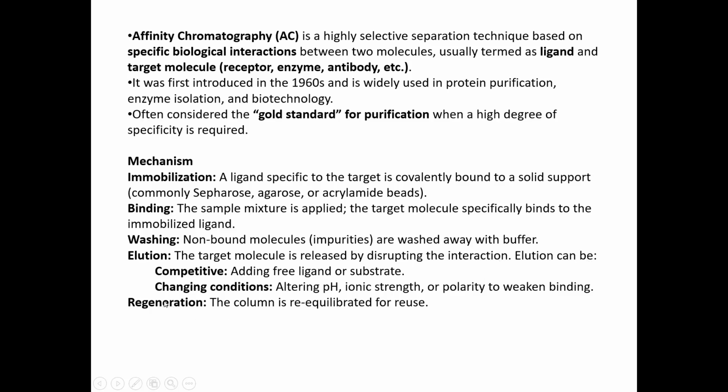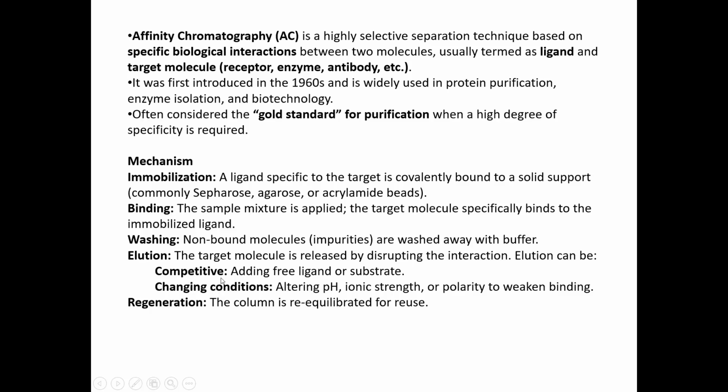And the elution can be of different types, like we discussed. We can change different conditions like pH or ionic concentrations, or you can add a free ligand or a substrate which will help in replacing it. It could have more affinity to your ligand or substrate than the already bound one.